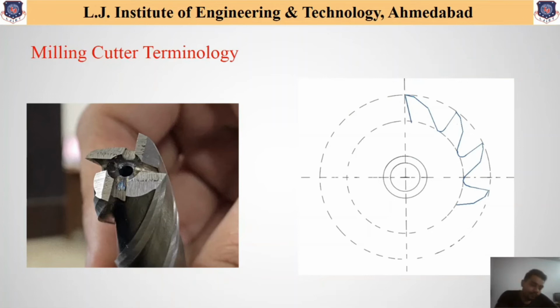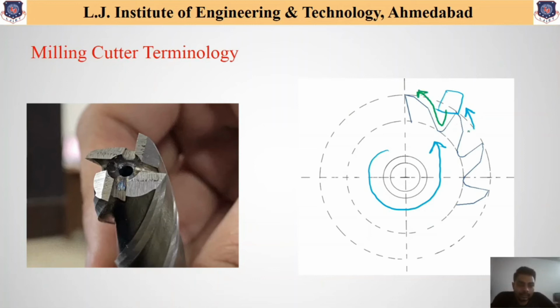Now if we assume this cutter rotates in the anti-clockwise direction as shown over here, and the workpiece is available over here, it removes material from the workpiece, and the removed material in the form of chips moves in this particular form.